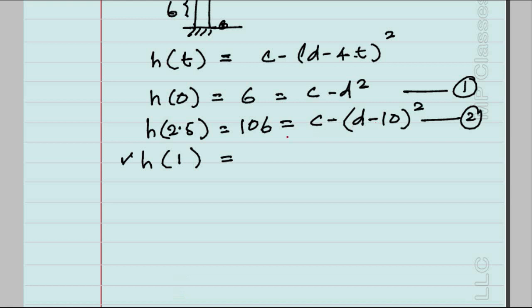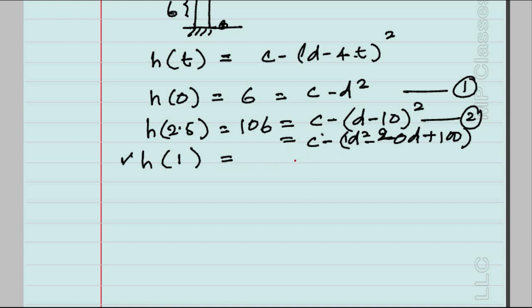So let's expand this. So this is c minus, and it's going to be d square minus d times 2 times 10, so that's going to be minus 20d plus 100. That's going to be the square of this.